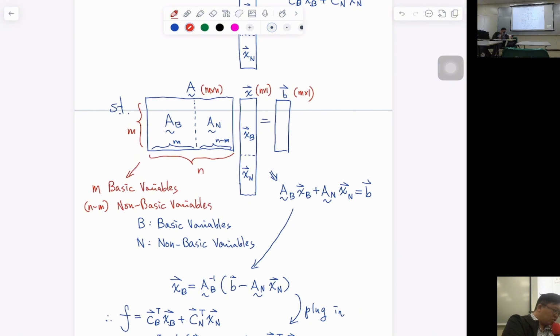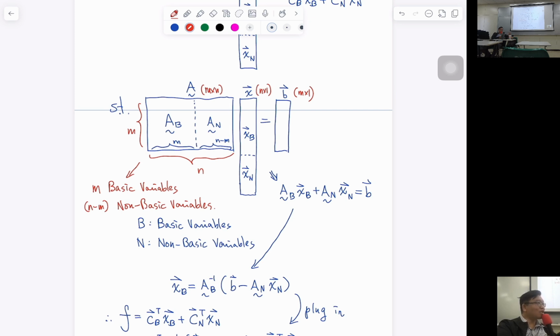So if I convert one non-basic to basic, then I need to know which basic will be converted to non-basic. That will be the second half of the procedure. It's like position swapping. So the linear programming procedure is like keep on swapping the roles of basic and non-basic until we find the best combination.